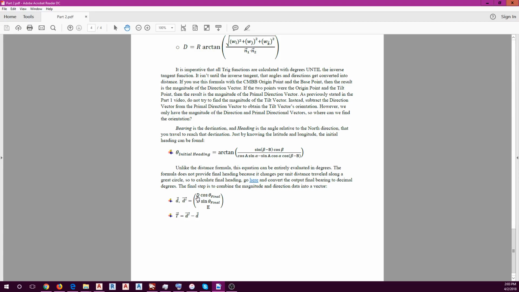So if you chose the magnitude of your direction vector, then make sure it's the cosine of your final bearing. Sorry, the magnitude of the direction vector times the cosine of your final heading for the x component. For the y component, you're going to take your direction vector's magnitude and times it by the same theta final heading.